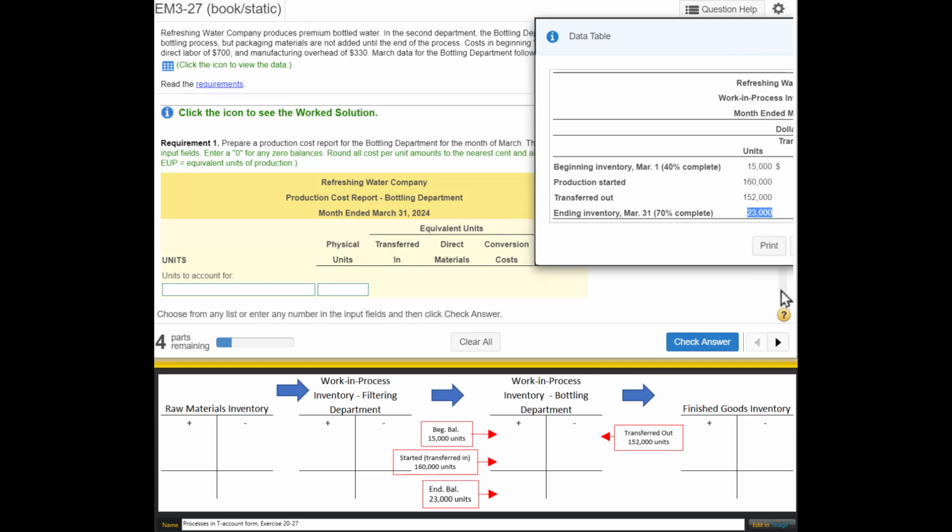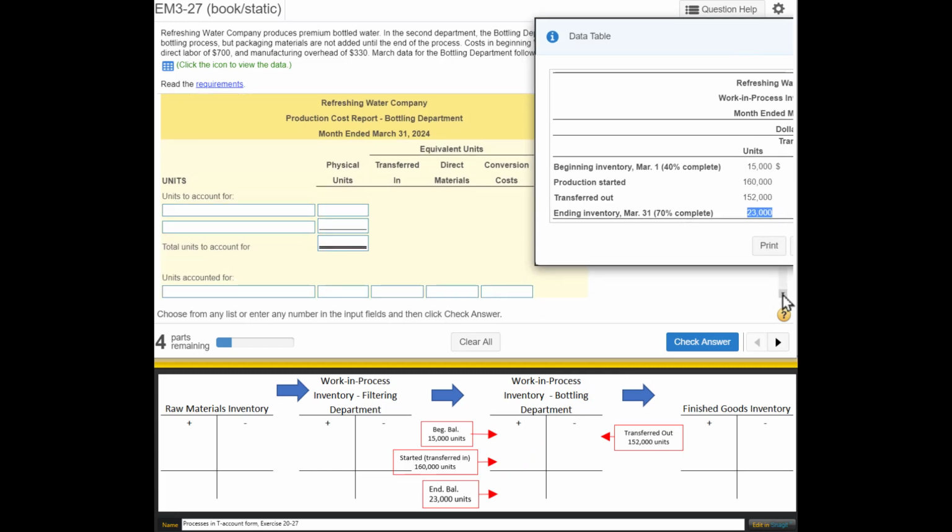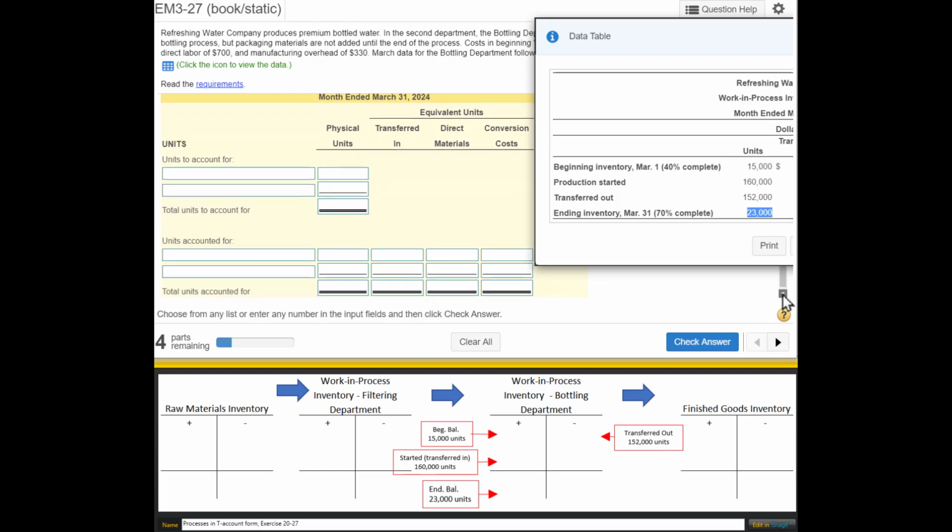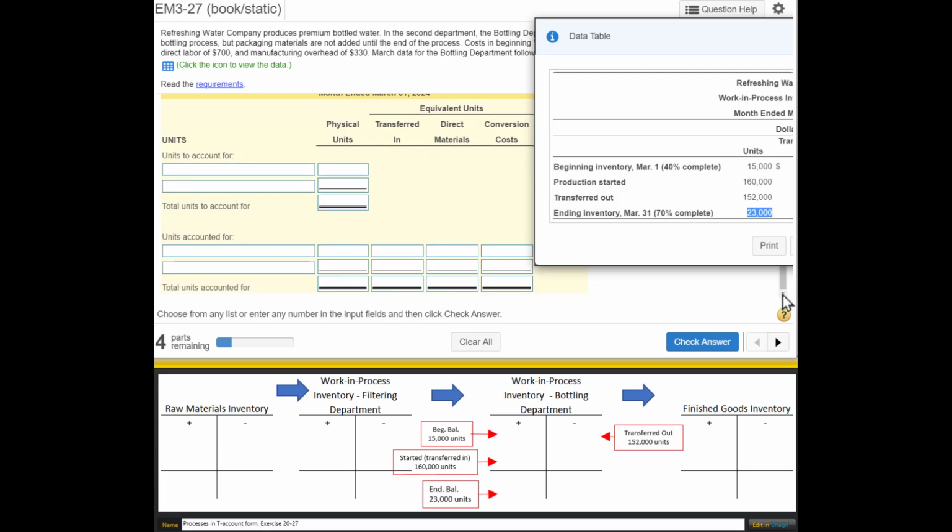So let me scroll down a little bit. Now we can place our labels for the units to account for. That's these two units, the beginning balance and the units transferred in or started, however you want to phrase it. So we have beginning work in process, and that's this 15,000, which also comes from here.